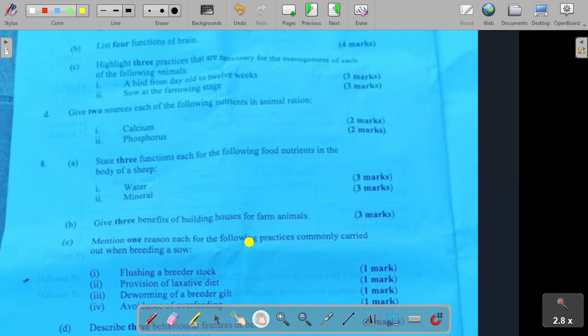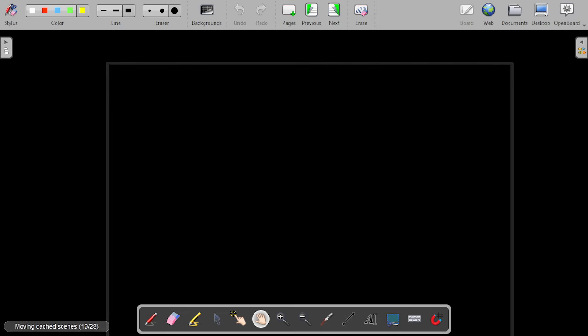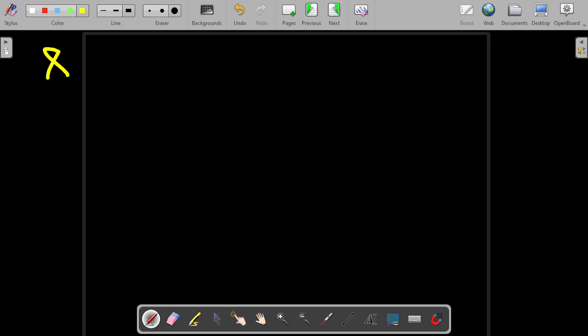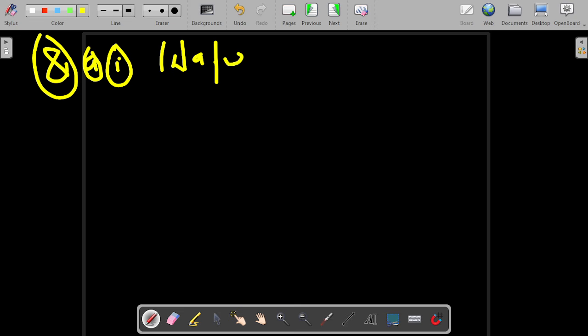State the function of each of the following nutrients in the body of a sheep. So what does water do to a sheep? Number 8A, figure 1, is water. What are the functions?